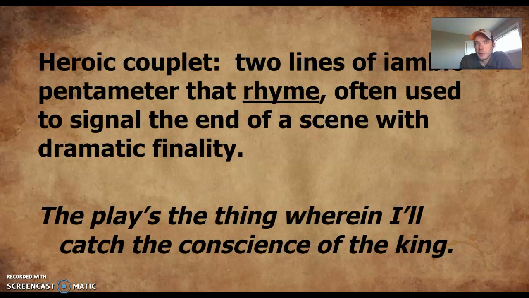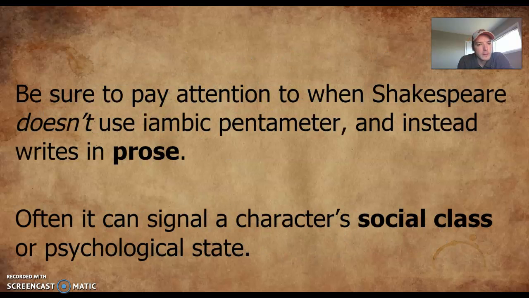This is more relevant in any of Shakespeare's sonnets. He does end his sonnets with a rhyming couplet, and often he will end a scene or an act with one. You'll see.